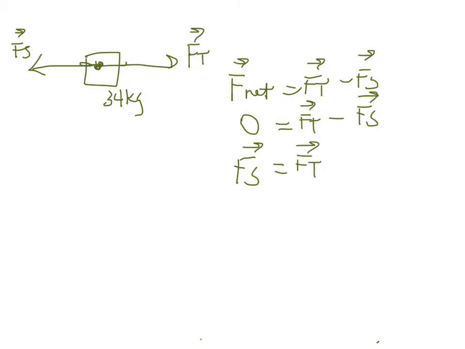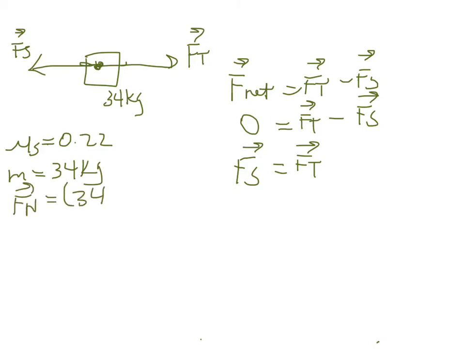What we need to do now is calculate our new force of static friction, because now we only care about the 34 kilograms. That means our normal force is changed, so let's calculate that new normal force. There's our normal force.